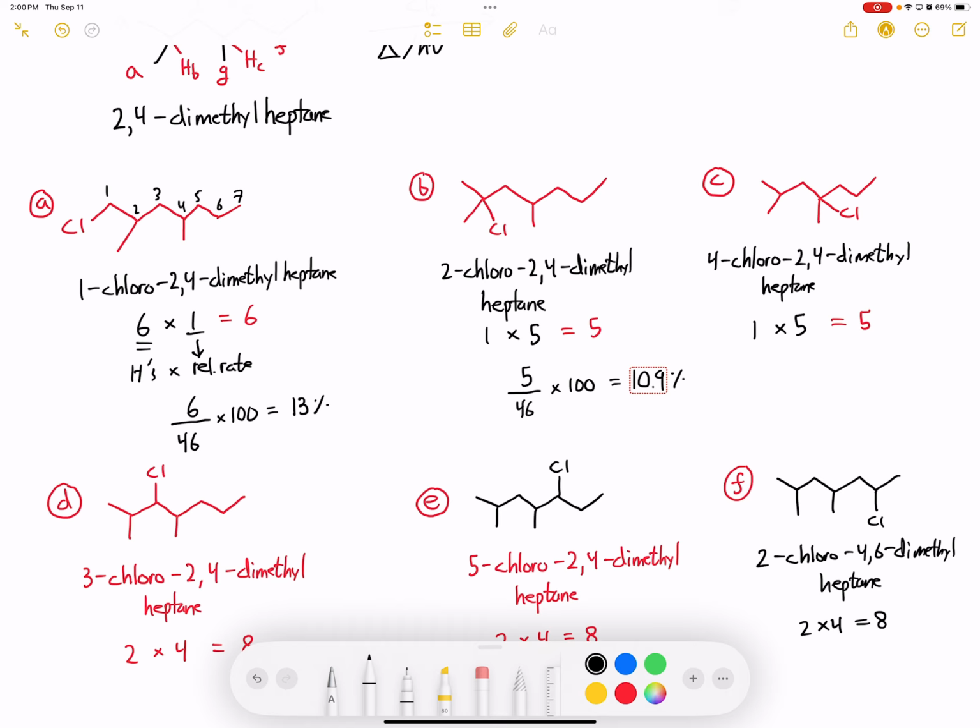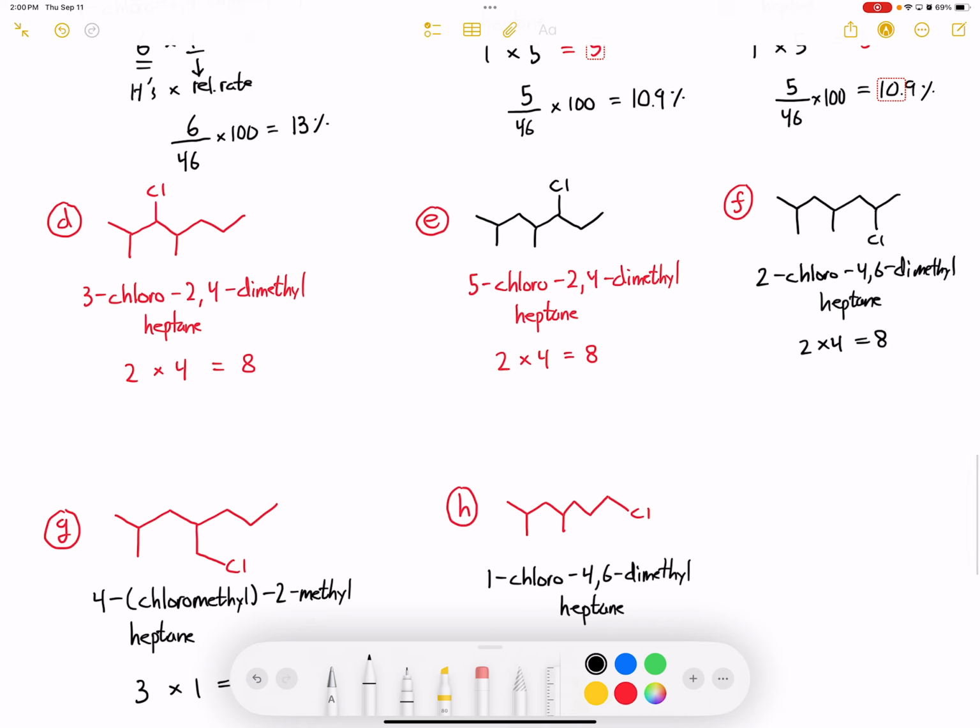All right, how about C? What do we get for C? I think the same thing, right? Over 46 times 100, 10.9%. Now we go to letter D here. 8 out of 46 times 100. That's 17.4, so that's the highest so far.